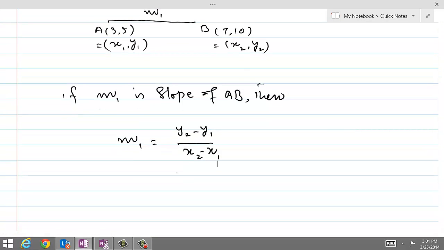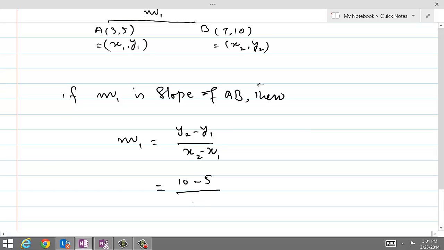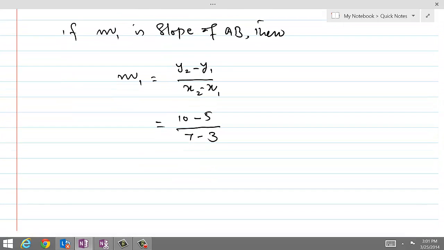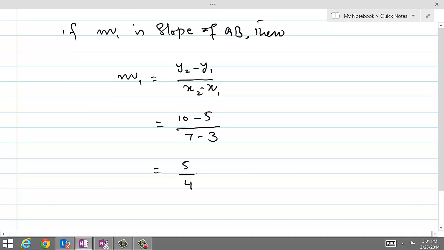So this gives us 10 minus 5 over 7 minus 3. The simplified answer is 5 over 4.